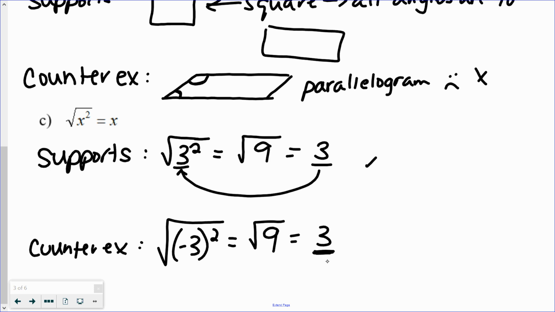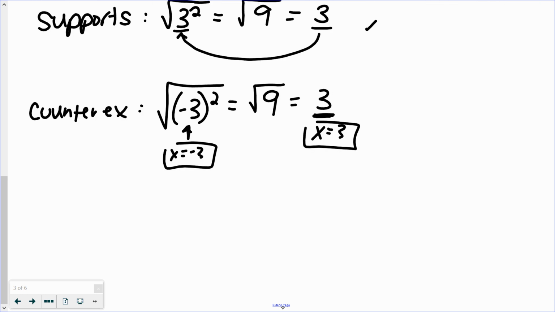So here the answer is 3, but x was equal to negative 3. And so if you're thinking back to that first unit, that's because we really only talk about the principal square roots. So that's why it works out that way with that one. I'm not as wild about that particular question, but at least you can kind of come up with an example.